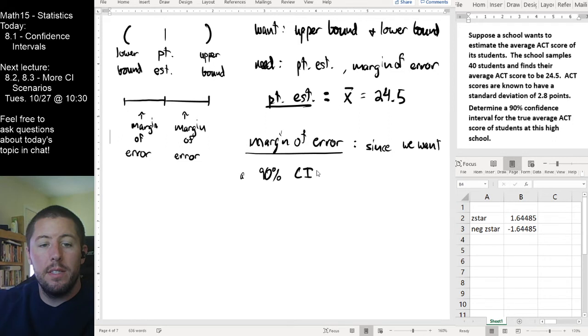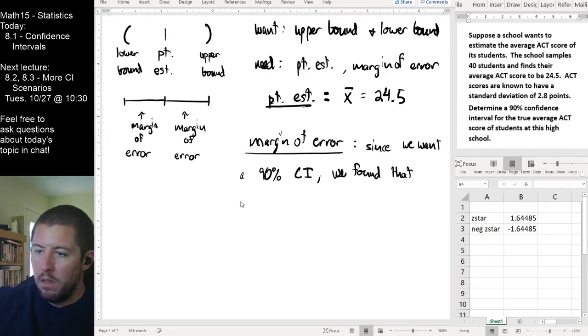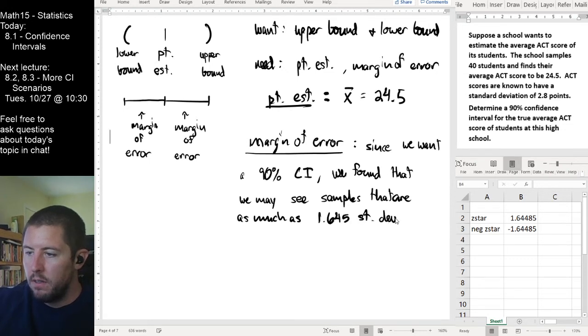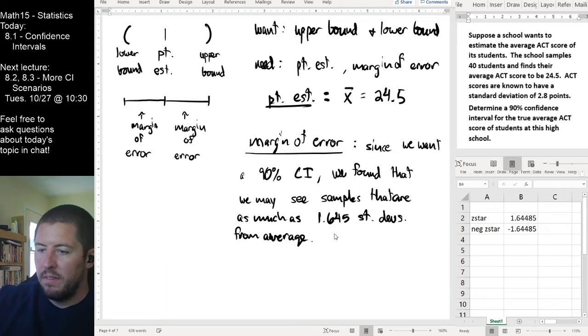Since we want a confidence interval in which we are 90% sure that we're capturing the true population average, then since we want a 90% confidence interval, we found that we may see samples that are as much as 1.645 standard deviations from average.